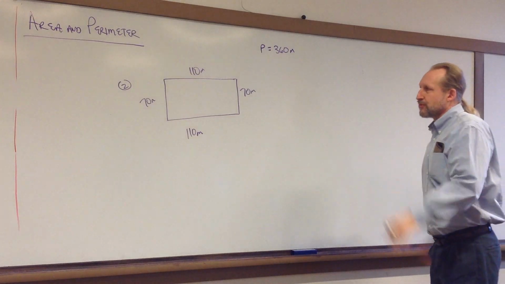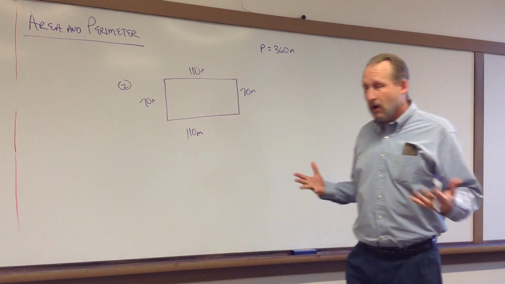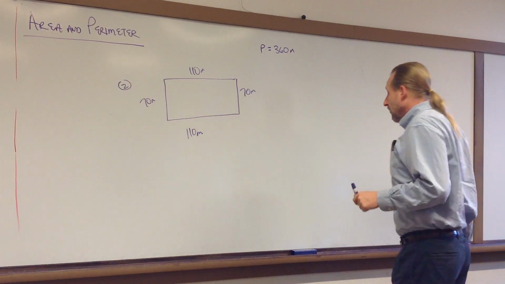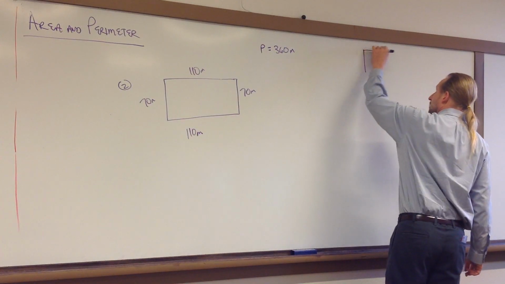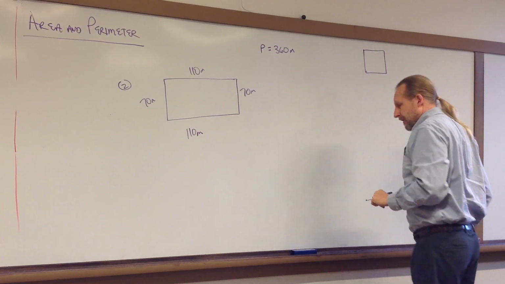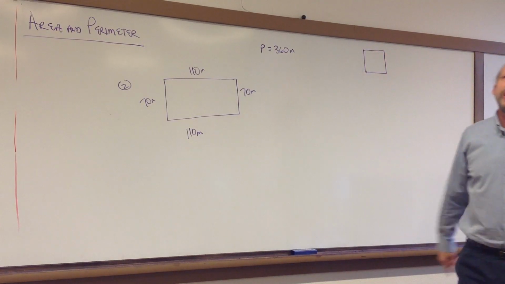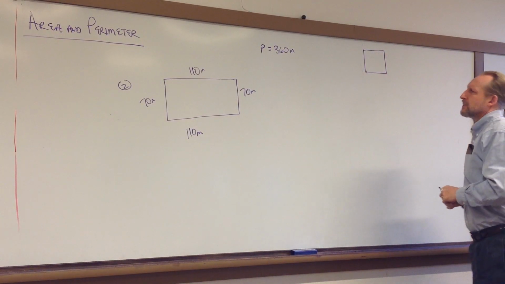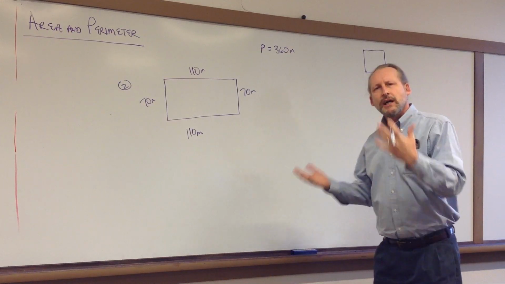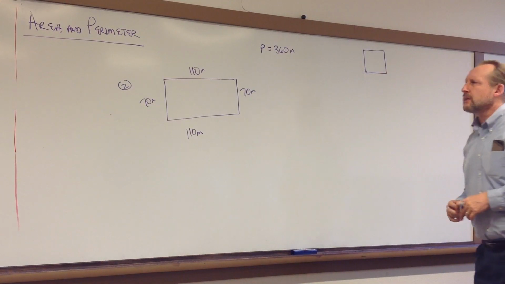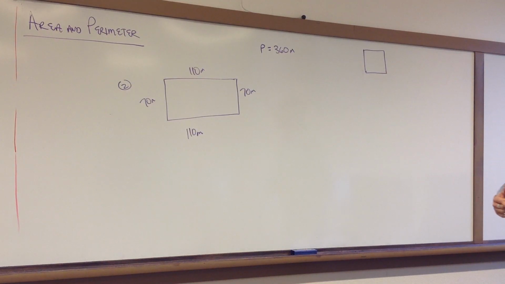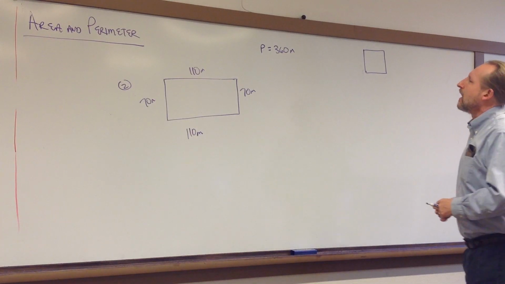So we want to keep the perimeter the same, but we want a larger area. Remember, the largest area always comes from a square. This is actually a classic problem in a calculus class, where we look at optimizing things: find the biggest possible figure given certain constraints, or the smallest possible cost.